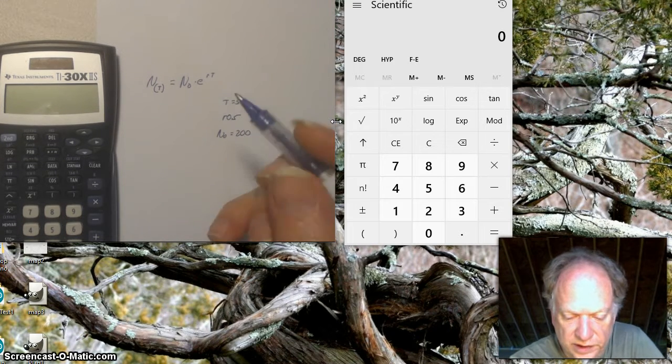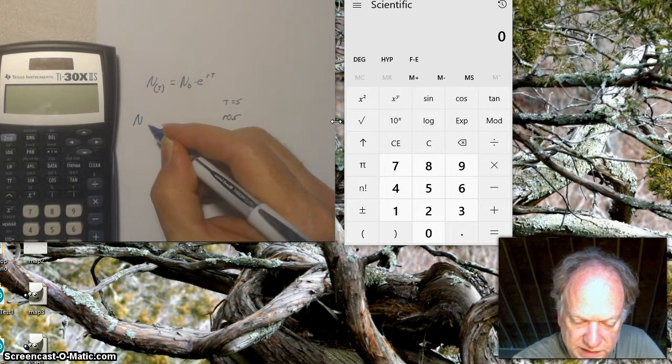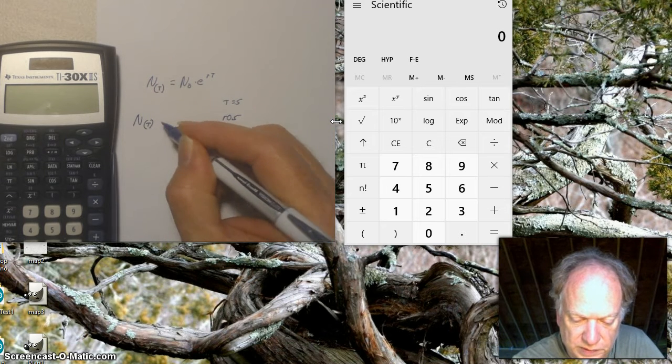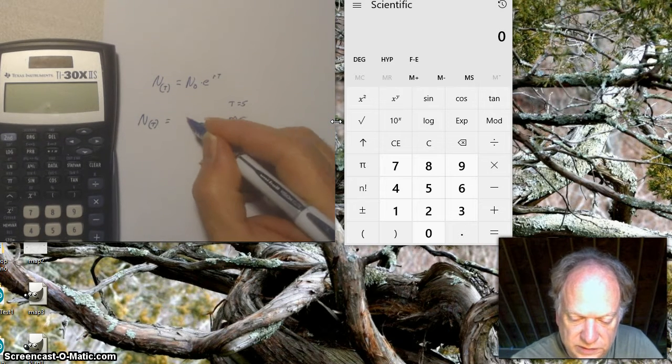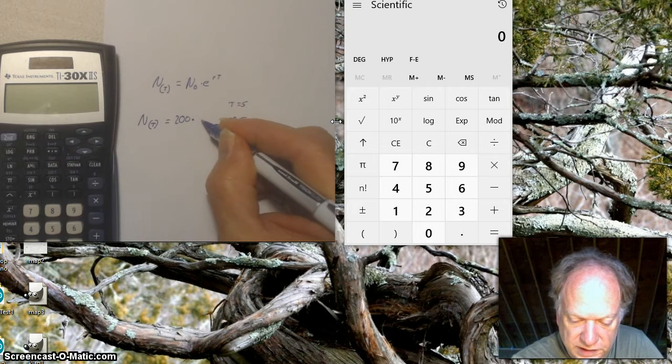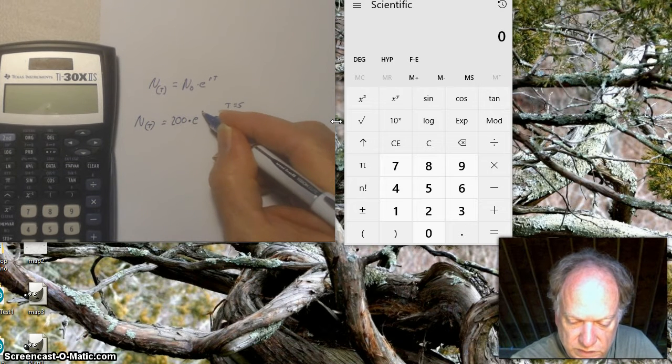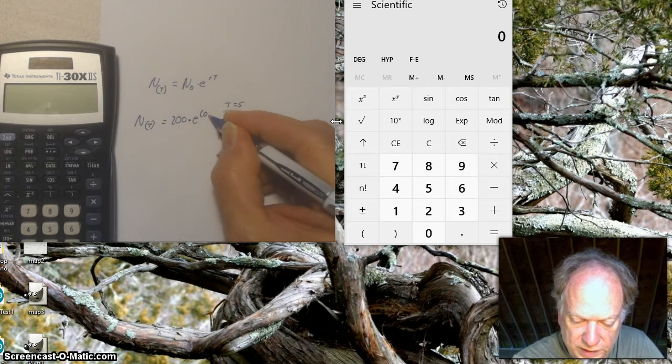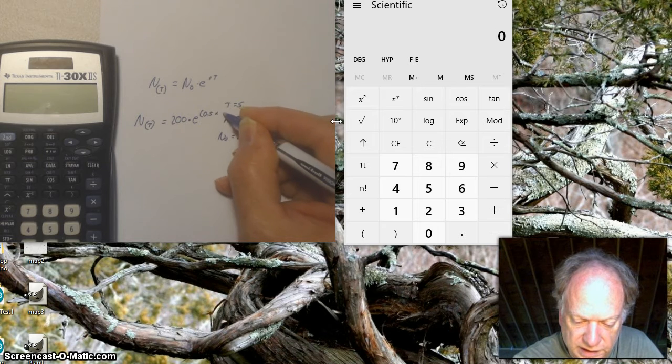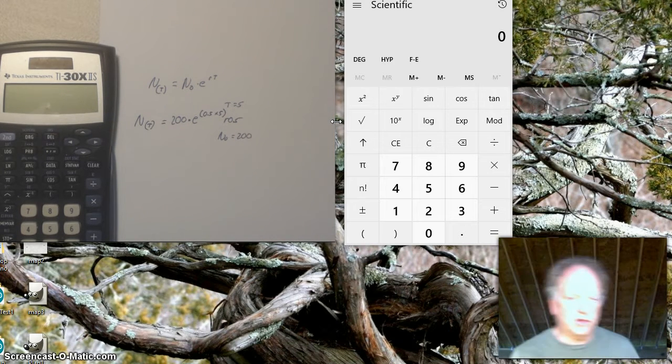Essentially what I'm asking you to do is solve for the final population at time t, which is equal to 200 times e raised to 0.5 times 5 years. That's the equation we want to run.